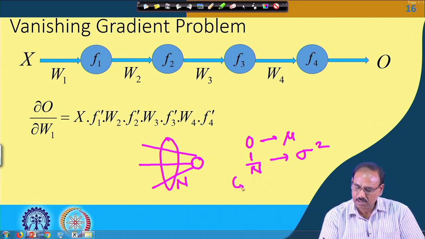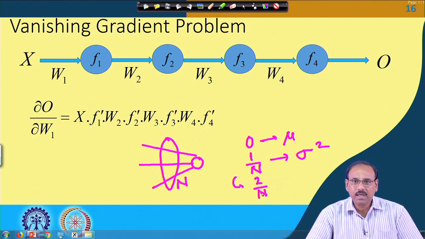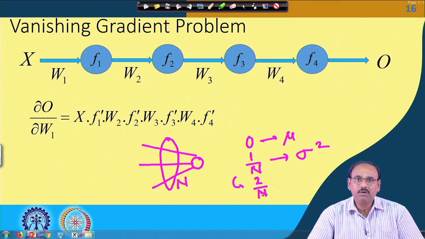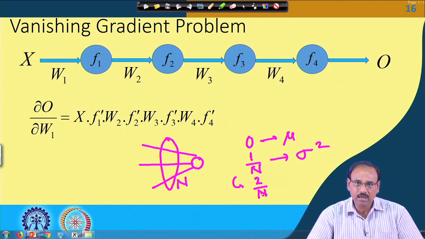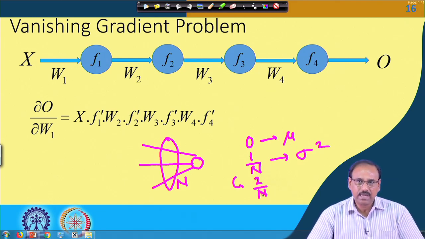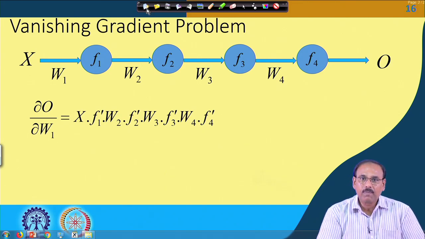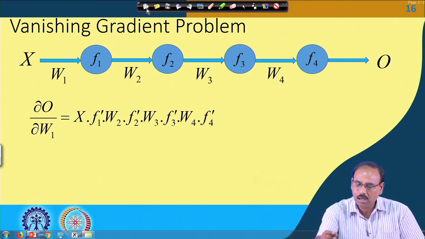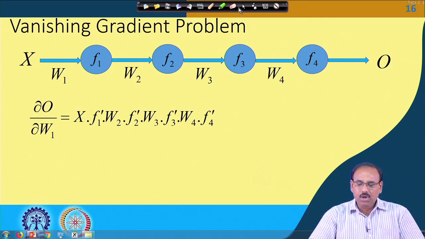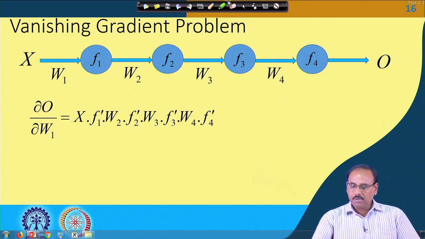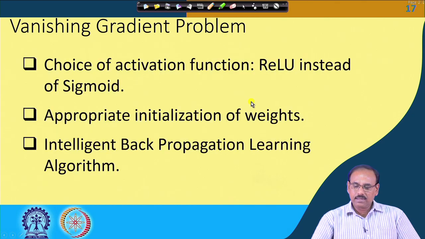And in some cases, instead of the variance 1 by n, the variance is also taken to be 2 by n. And that is the rule of thumb for how you select the weights at random for the connection weights at any of the layers. And the other approach to tackle this vanishing gradient problem, as we said earlier, is by taking an intelligent backpropagation learning algorithm.